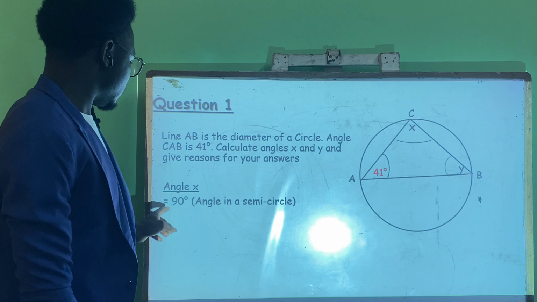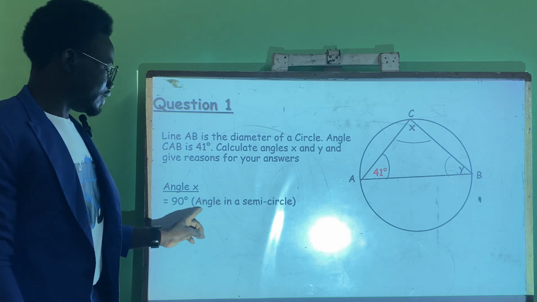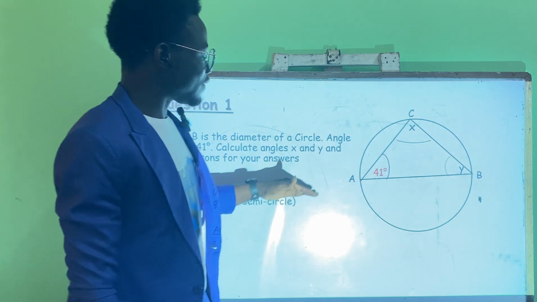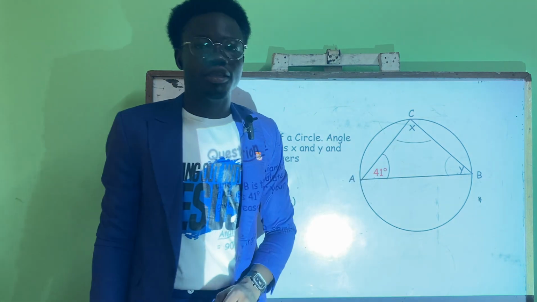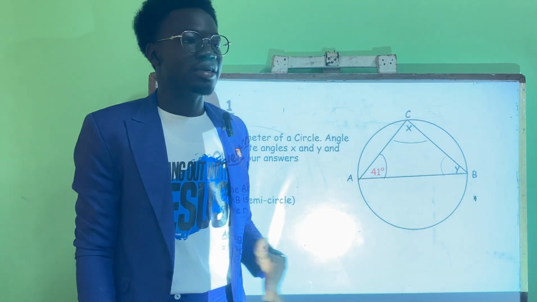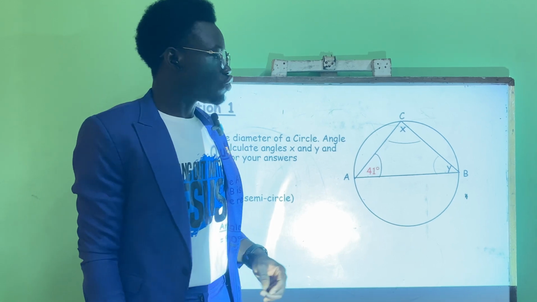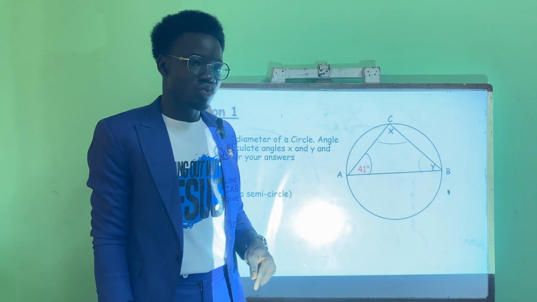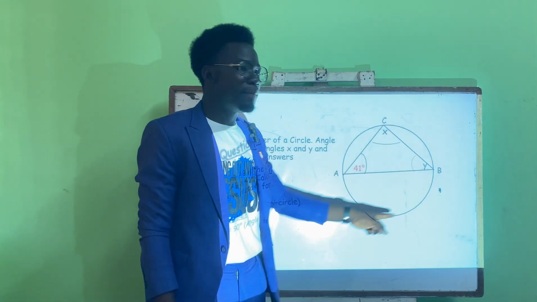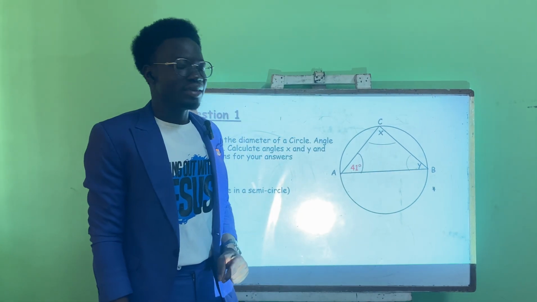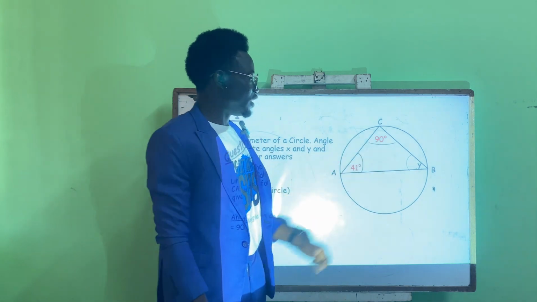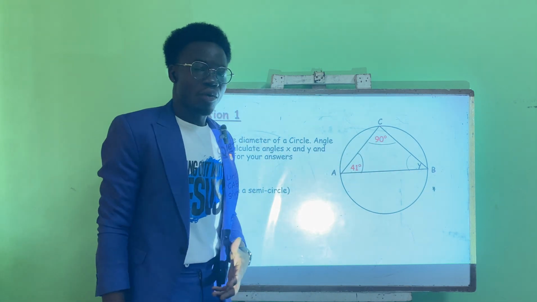So we say angles in a semicircle. The diameter divides the circle into two equal parts, making two semicircles. Any angle formed in that semicircle, touching the circumference, becomes 90 degrees. So this angle here is 90 degrees, and we have found our X.